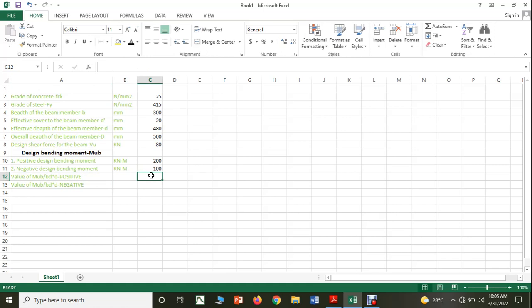For the positive, you take Mu into 10 power 6 divided by b d d, and for the negative it is Mu divided by b d d. So these are the values of Mu by bd square for the positive and negative.